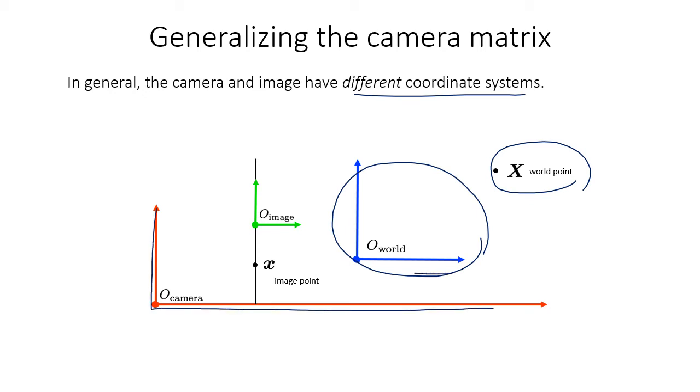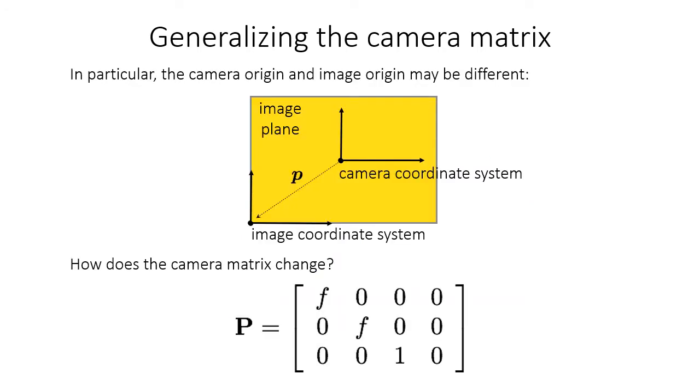So this world point is projected to this camera center, but there are other points because it is image plane coordinates. So the image is mapped to the image plane coordinates. You can see the camera origin and image origin may be different.